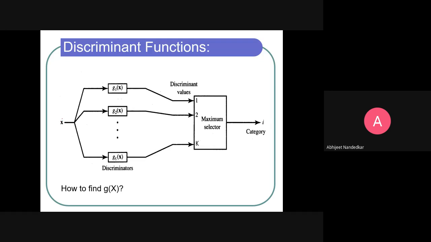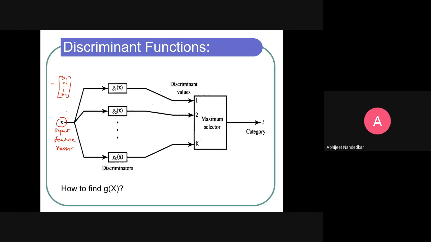Now you see a diagram here with the title discriminant functions. So what is the basic idea? Here I have input. This is the input feature vector x consisting of some features like x1, x2 up to xn as usual.